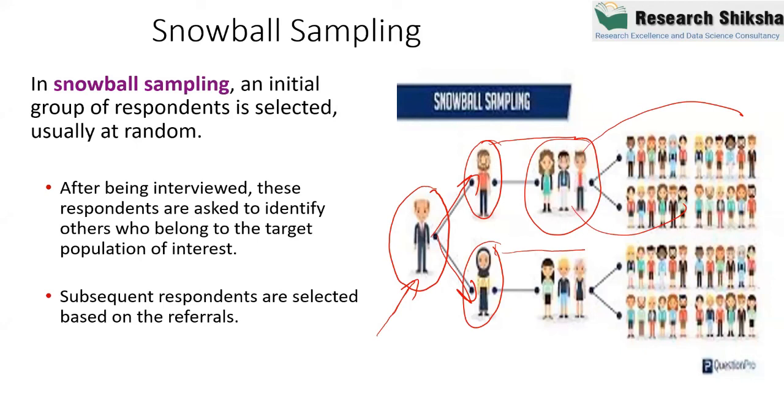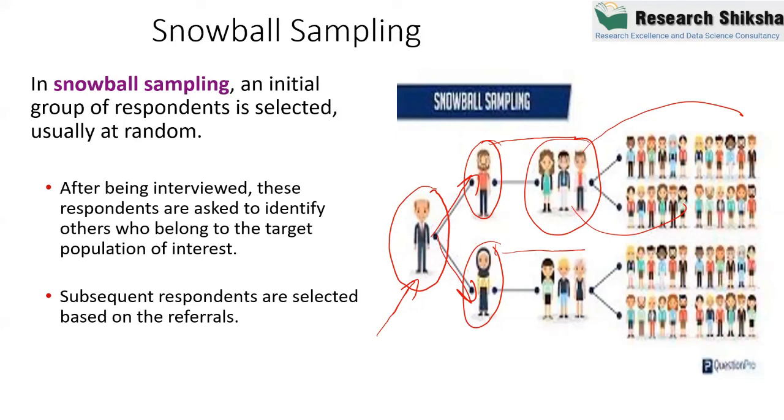Now, when should you go for snowball sampling? You should go for it when you do not have any specific sampling frame. Simply, when a sampling frame is not available, you have to go for snowball sampling. Like in one of the studies I'm telling you about, we were doing a study on collectors. There are many people who are fond of collecting antique pieces. This is a hobby, and the researcher wanted to do a study on the collectors.